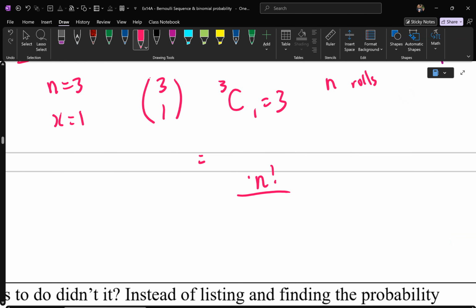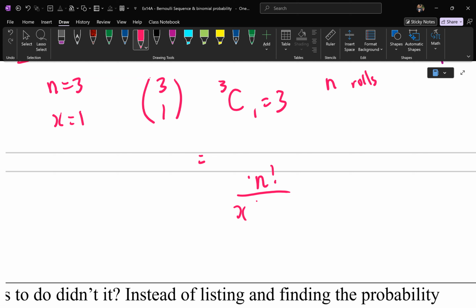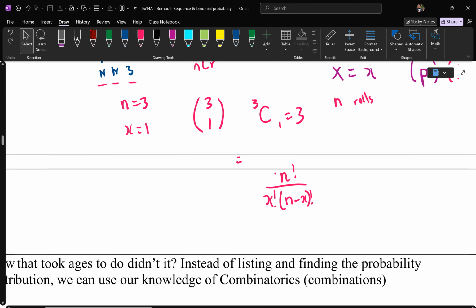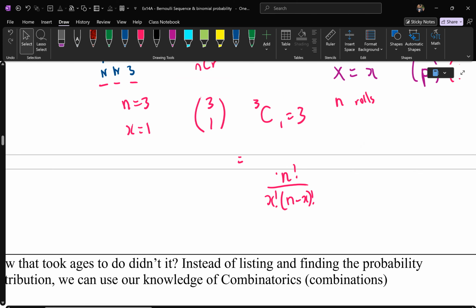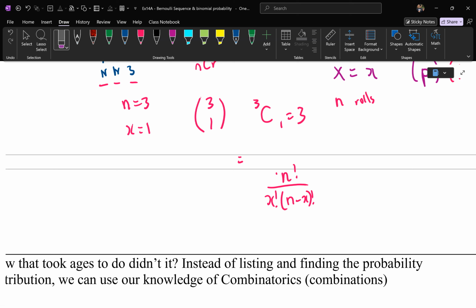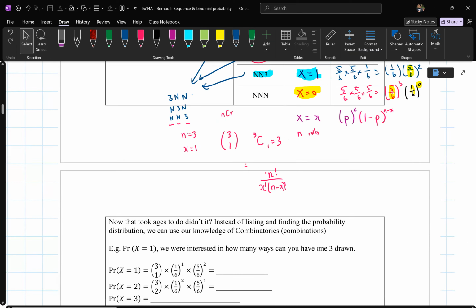It's n factorial over, well, they call it r, but we'll just call it x for now, but it's n minus x factorial. I think they normally use n and r, but same idea. So that's your general hand formula to calculate that.